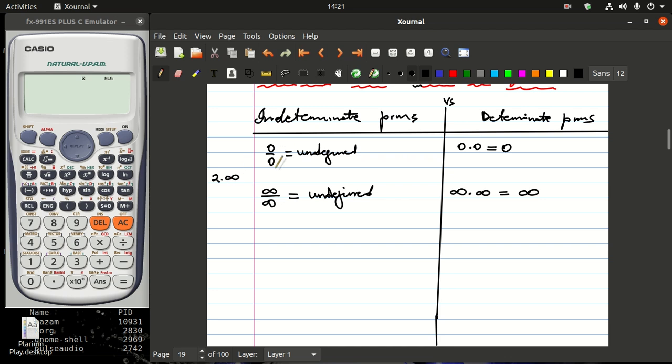Now, let me just list these two. If I take a constant c, I'm just going to write here that c is a constant that is greater than 0, is positive. If I take a constant c and I multiply this constant by infinity, this constant times a very big number, I'm still going to get another big number, right?